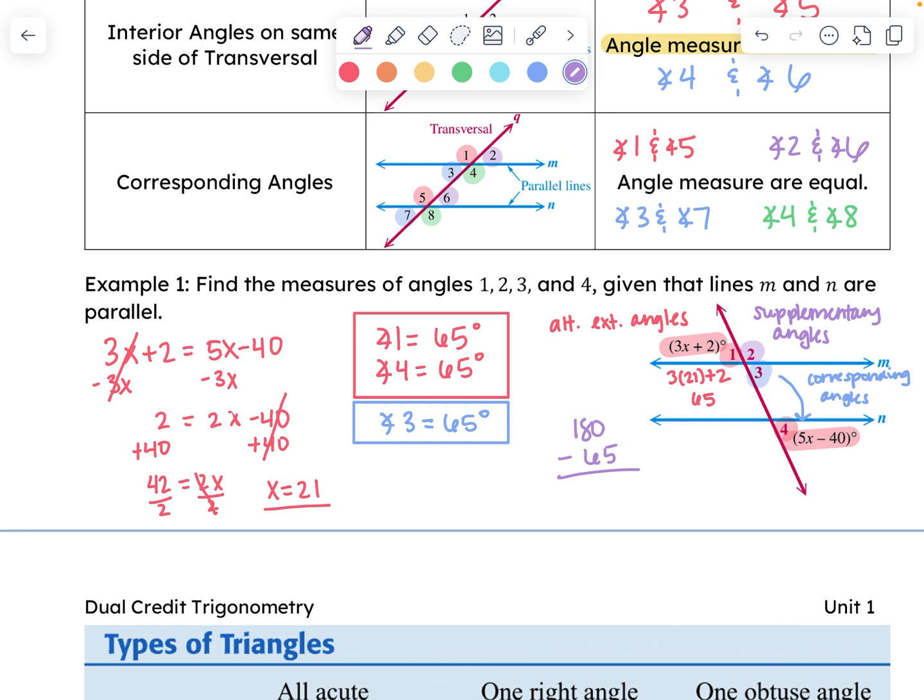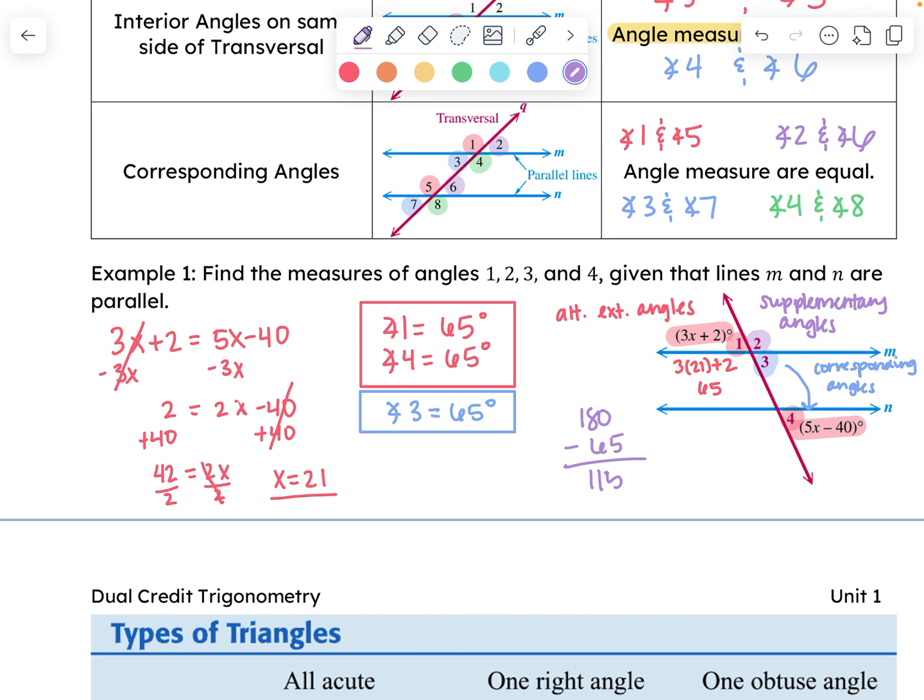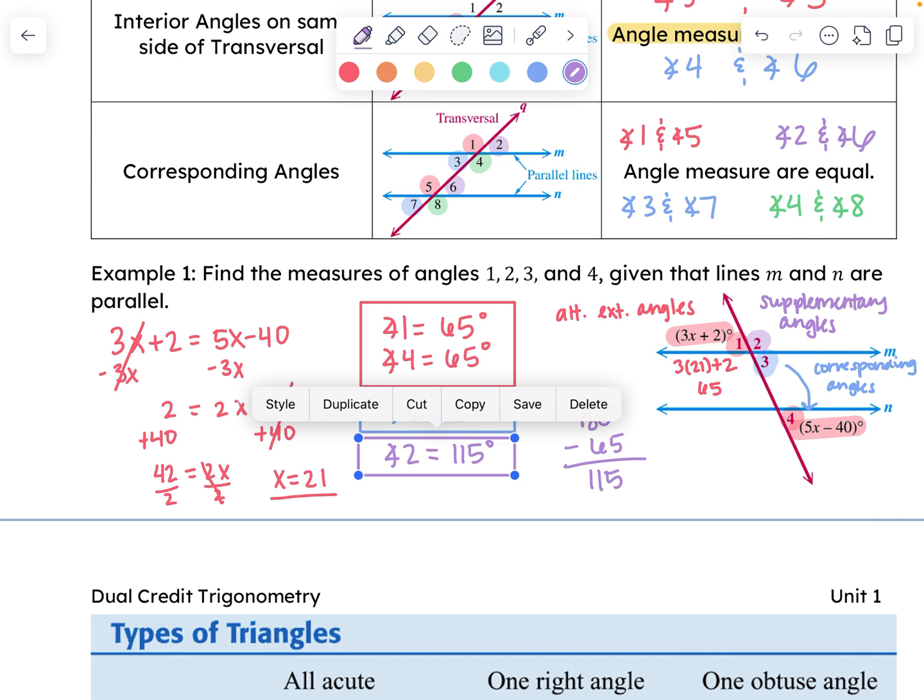So 180 minus 65 is 115. So angle 2 is going to be 115 degrees. And there are our 4 angles that we needed. Okay, so that was some angle relationships, working with angles.